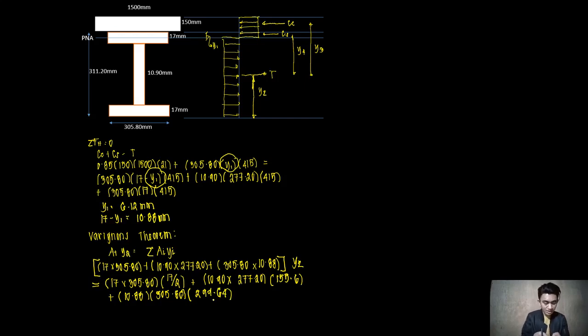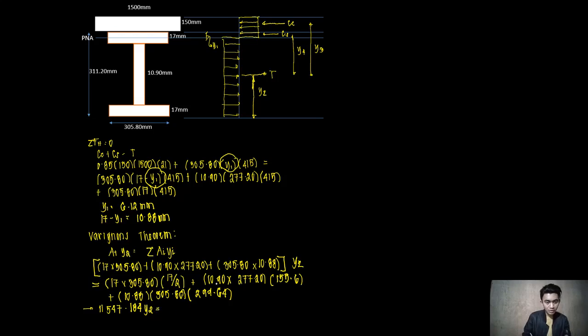Let us simplify this. Our total area is 17 times 305.80 plus 10.90 times 277.20 plus 305.80 times 10.88, which is 11,547.184 y sub 2.